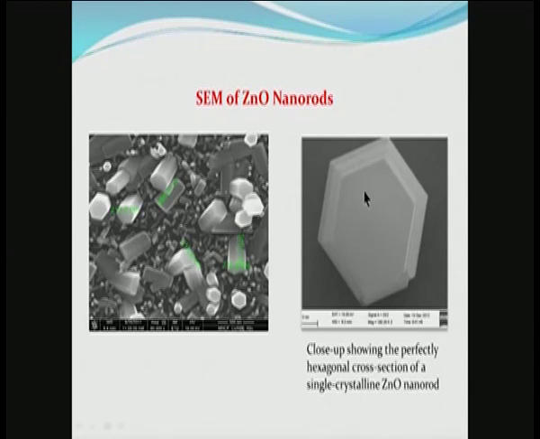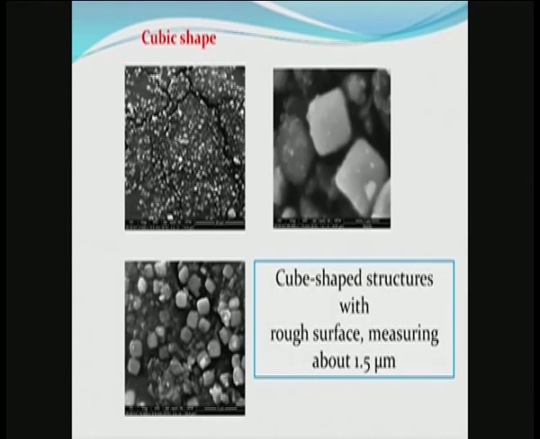Now, this is a close up of one of these nanorods, and what you can see is the perfect hexagonal shape of the crystal in cross section. So, this illustrates that one can have very perfect morphologies or very perfect faceting of nanocrystals.